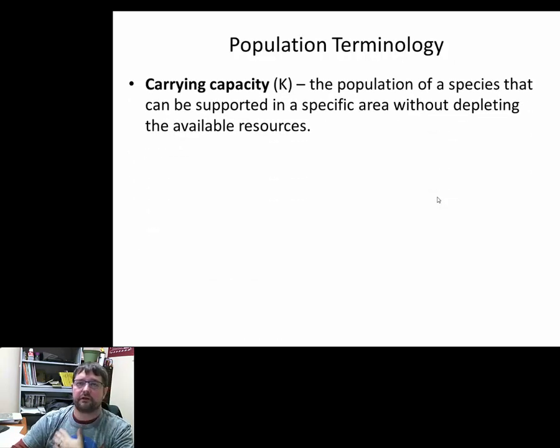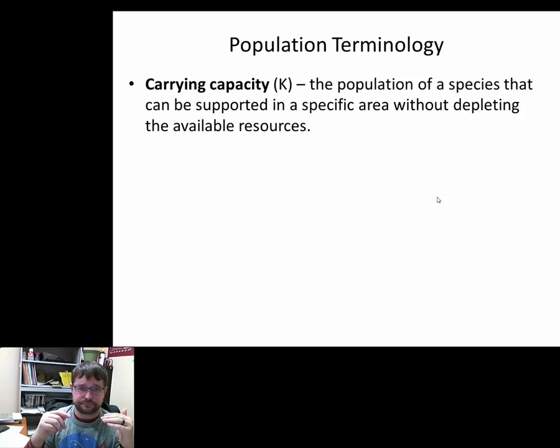All right, so let's look at a little bit more terminology that's describing real world, real example populations. The carrying capacity, which is often just denoted as K, is the number of individuals that a given area can support. Okay?